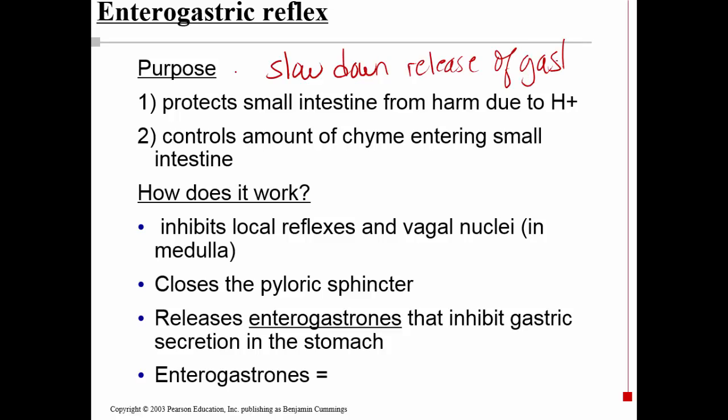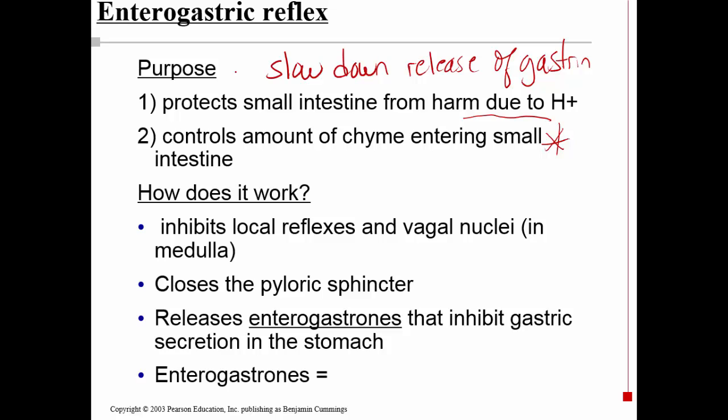Slow it down. And the purpose is to control the amount of chyme entering the small intestine. The small intestine is backed up. It needs to receive less chyme. Also, sometimes if the chyme is very acidic, this is a way to protect the small intestine from acidic chyme. Slow it down.